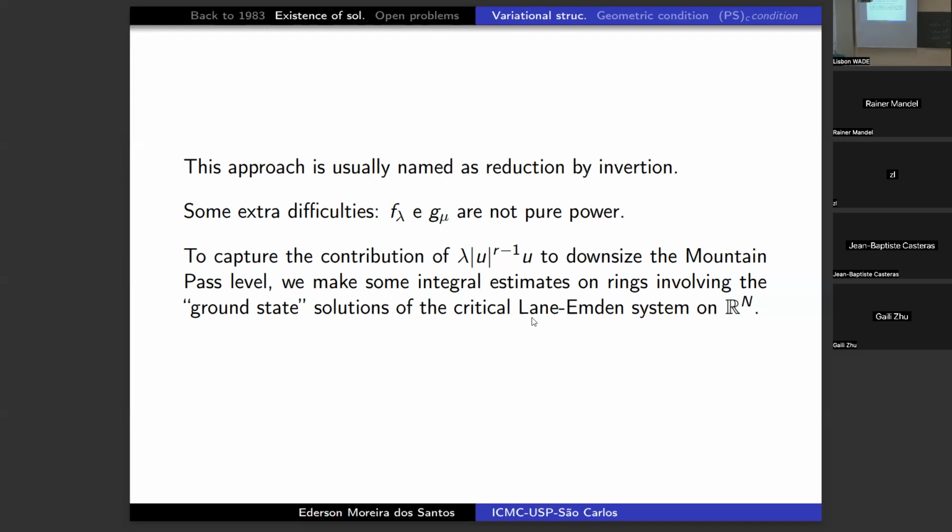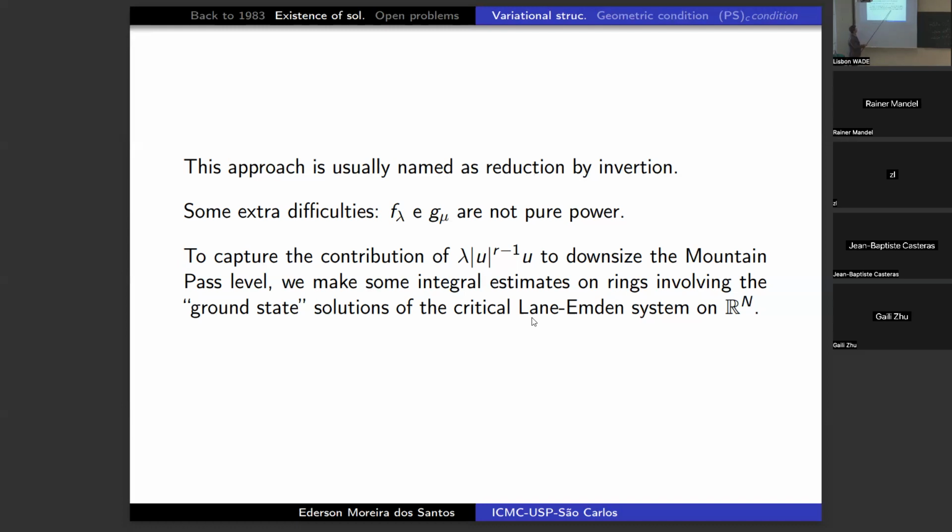And so we have to capture, in the fourth order part, the contribution of lambda, of this part here. So we do some asymptotic analysis, either when u is near 0 and also at infinity.